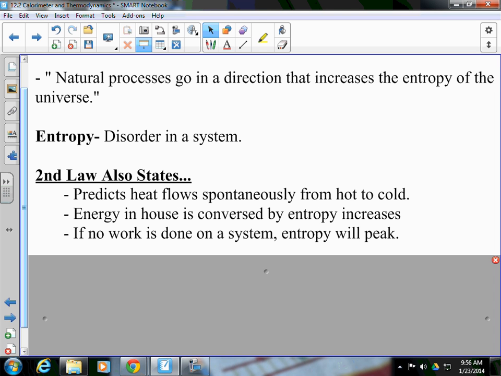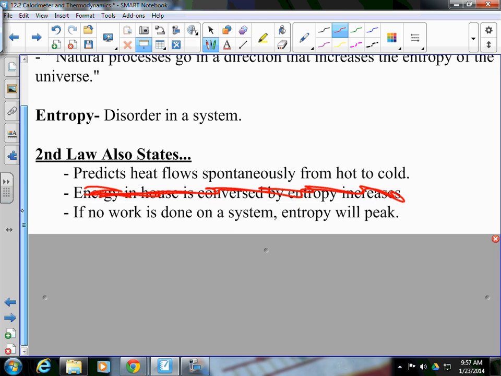All right, a couple other minor points from the second law. It predicts heat flows spontaneously from hot to cold, which we talked about. Energy in house is conserved by entropy increases. That's poorly worded, so just scratch that one. Don't worry about that one. And if no work is done on the system, entropy will peak. That's the second law of thermodynamics.